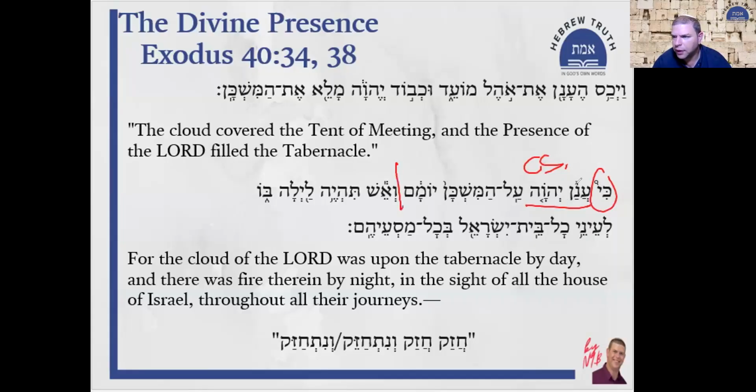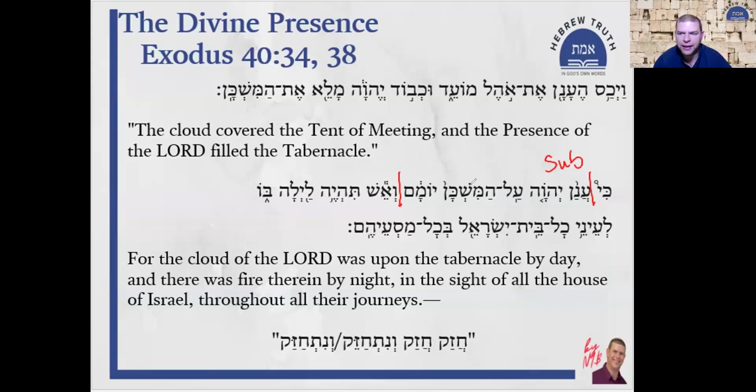This is a nominal sentence. Note that as opposed to English, which generally has to have a verb in a sentence, here we have a sentence that is verbless. We have Anan Adonai, which is a noun, a construct chain, and serves as the subject of the sentence.